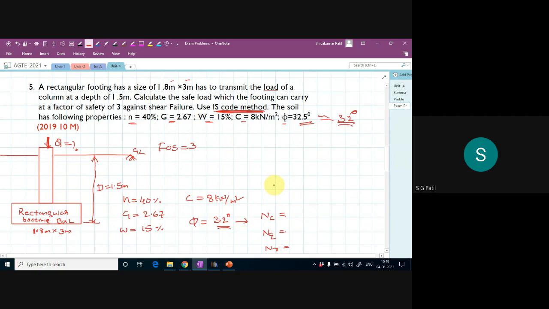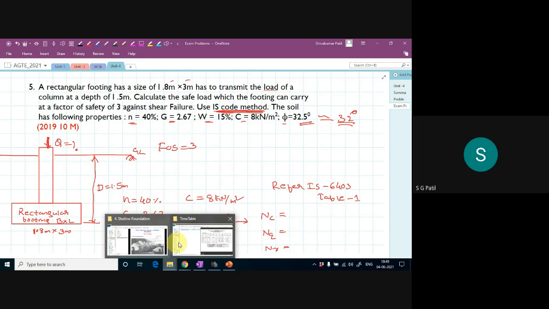So for that, what do I have to do? Refer IS 6403 table number 1. Let us go to that IS. Where is the IS code?